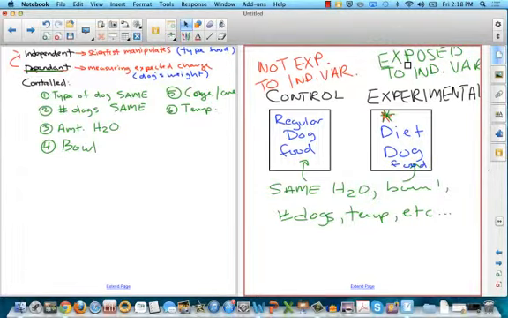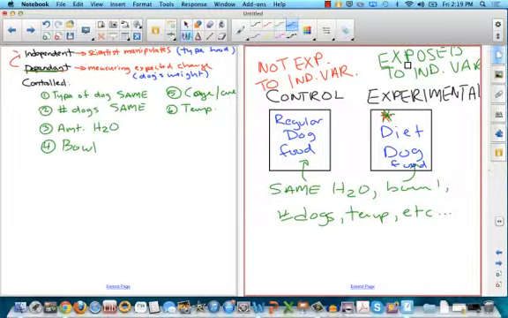So one group of the same number of dogs, the same type of dogs, is going to get regular dog food. Another group that has the same type of dogs and the same number of dogs are going to get the diet dog food. And remember, both groups are going to have the same controlled variables. The experimental group will have the independent variable, and the regular dog food will not.